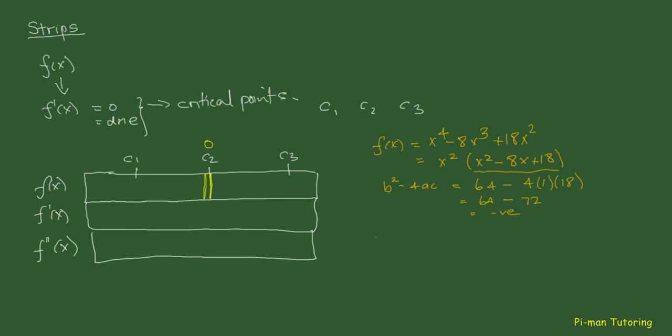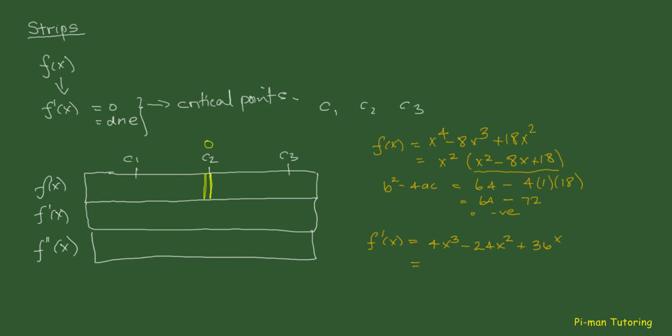Now we look at the derivative function of x, f dashed of x, using the power rule. So we bring down the 4, makes 4x cubed. Bring down the 3, makes 24x squared. Bring down the 2, makes 36x.